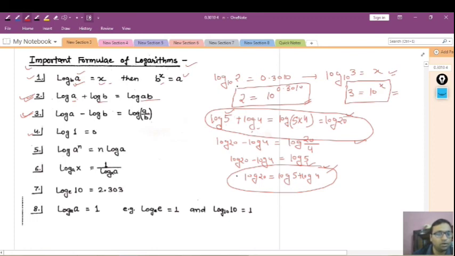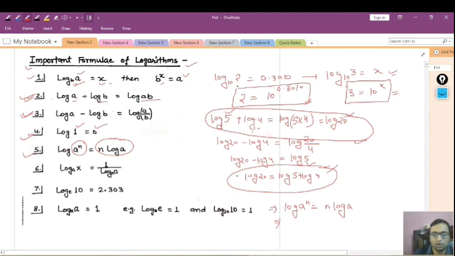Now we will move on to the fourth property, that the value of log 1 is 0. The value of log 1 is always 0 on any base. We have to remember this also. Then we have property number 5, that log a raised to the power n equals n log a.